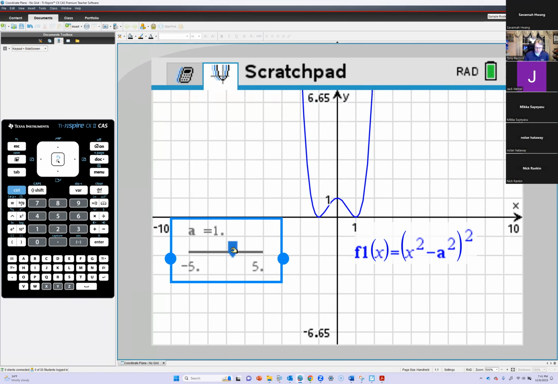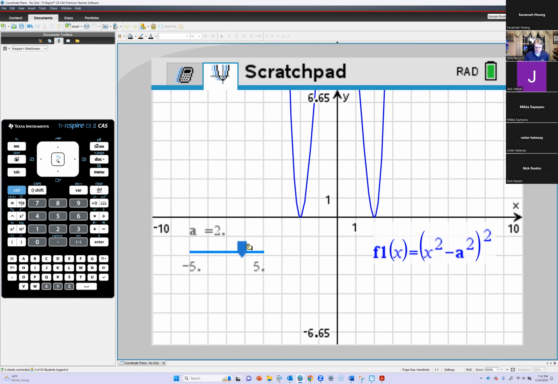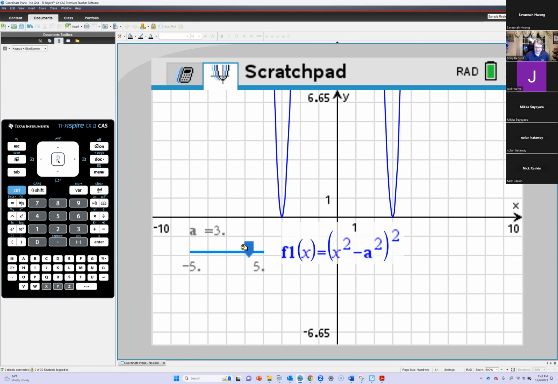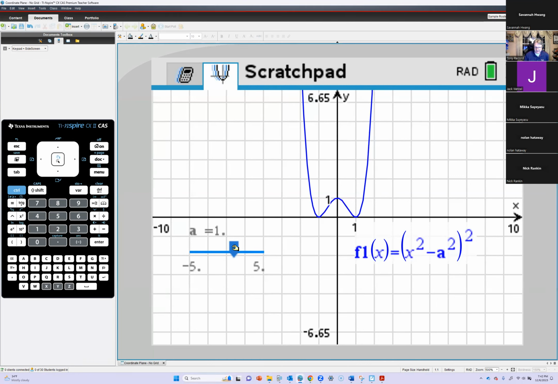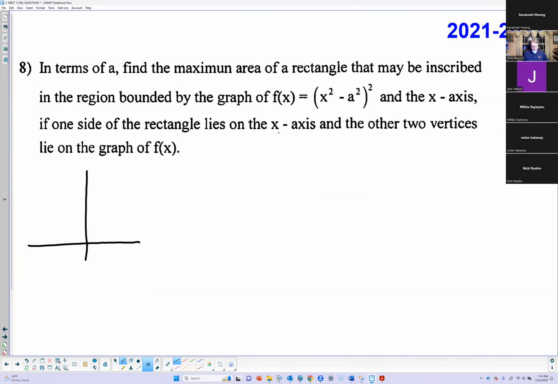And if I were to move that slider to make a change to different values, like maybe 2 or 3, I still get that W, but the middle maximum of the W just sort of increases as time goes on, right? So what do we draw here? That's a great question.